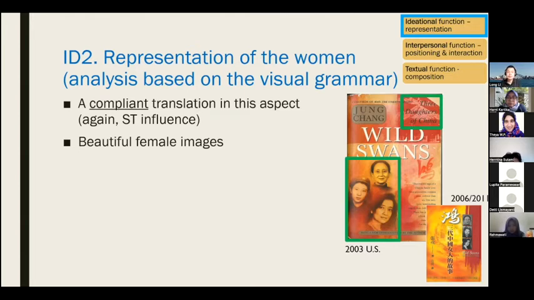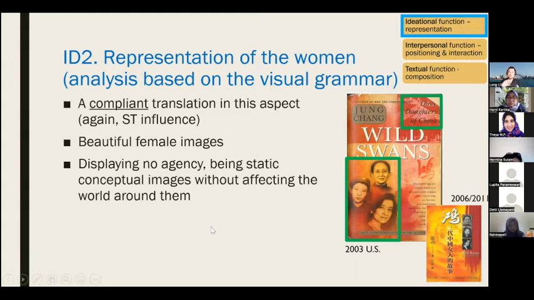Yeah, so these are beautiful images, but they do not display any vibrant behaviors nor any agency, which means they are not represented to impact on the world around them. They are static conceptual images that we mentioned earlier.